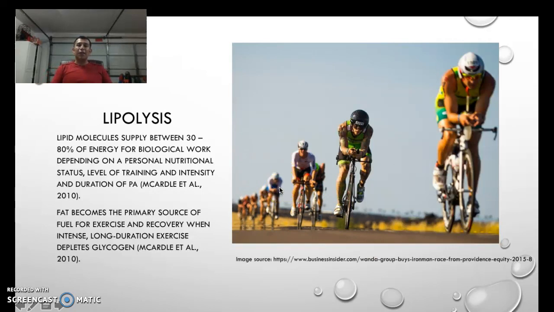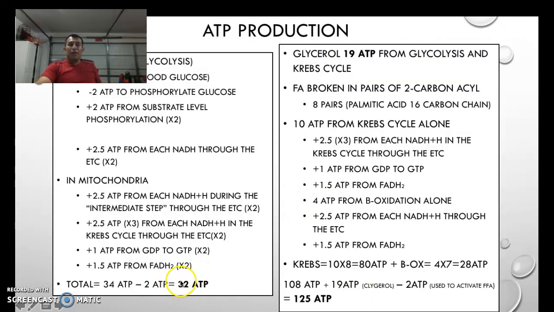Why can't we just utilize the same amount of energy, or let's say ATP, here? ATP from one molecule of glucose yields 32 ATP. Actually it yields 34, but because we use 2 ATP to phosphorylate glucose, 34 minus 2 is 32 ATP. And then glycerol yields 19 ATP from glycolysis and from the Krebs cycle.